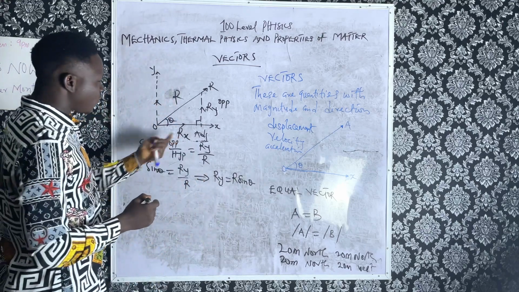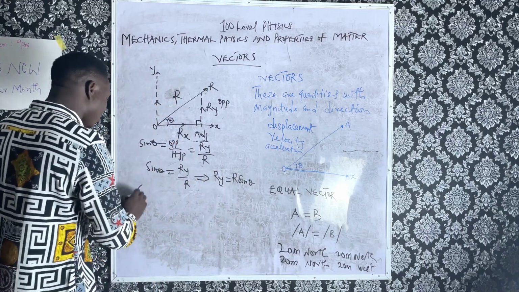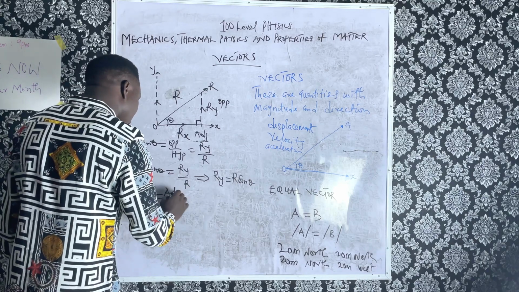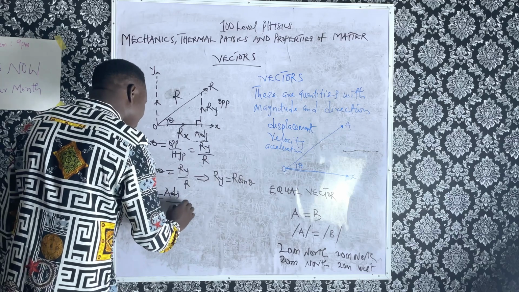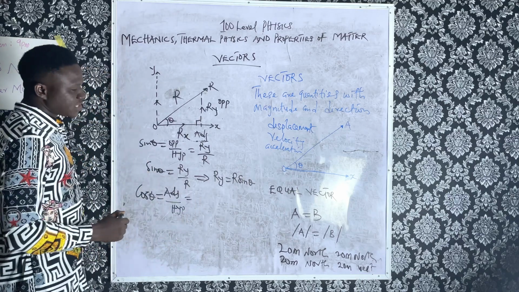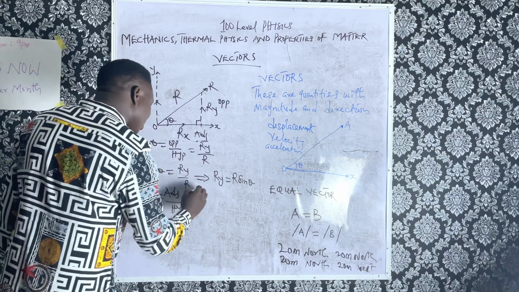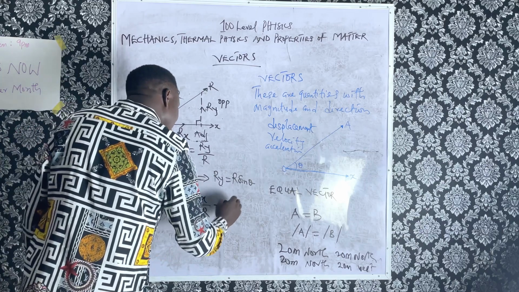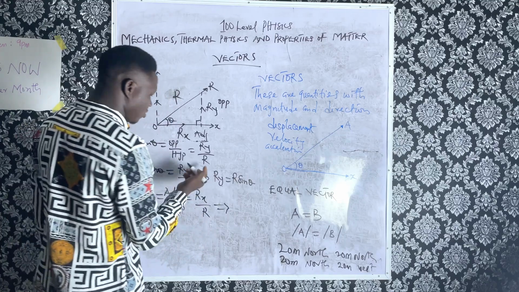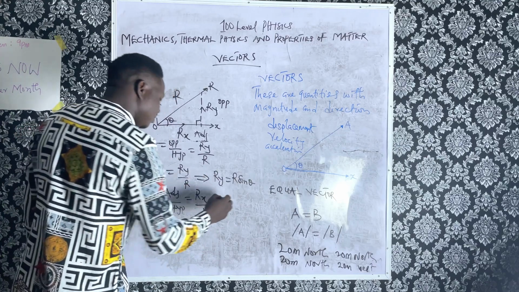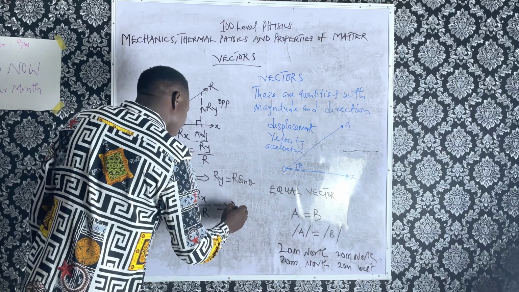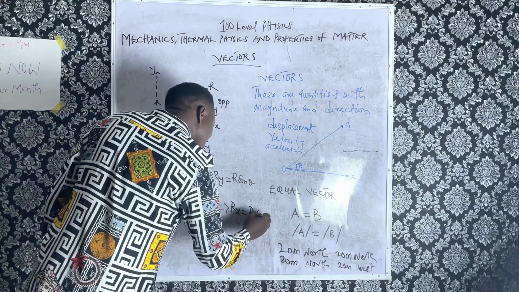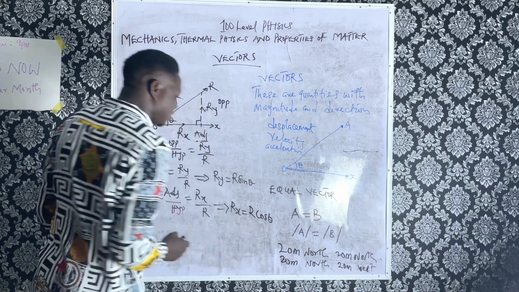Also, if you want to go for Rx, cos theta is adjacent over hypotenuse, so this should be Rx over R. So it implies that if I cross multiply, Rx equals R cos theta.